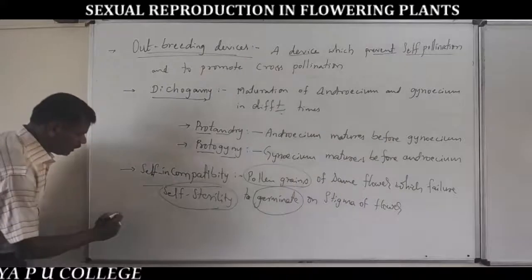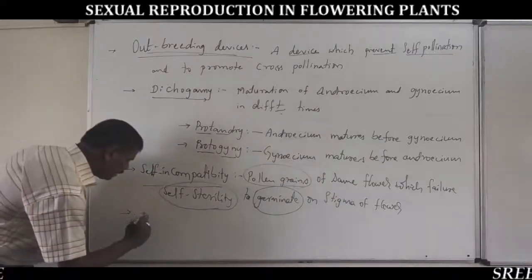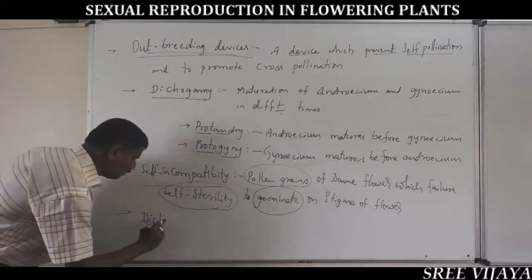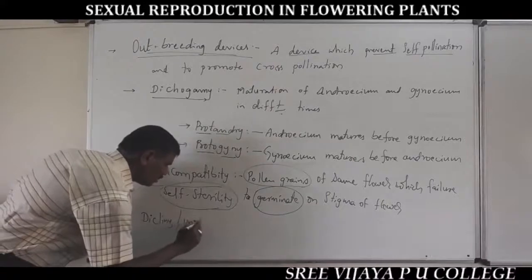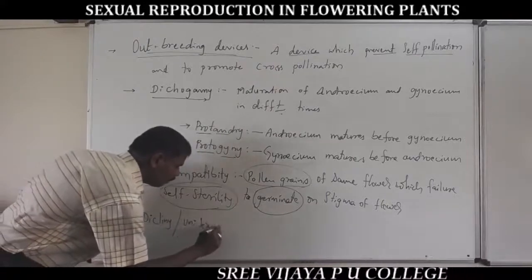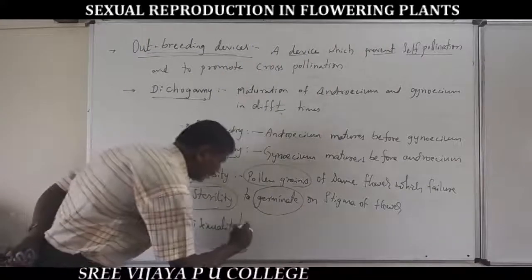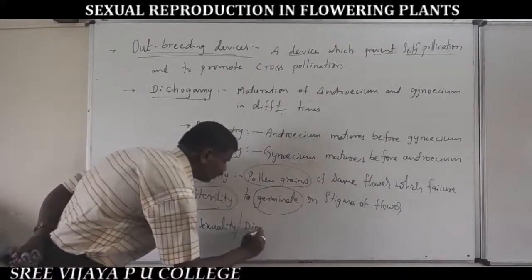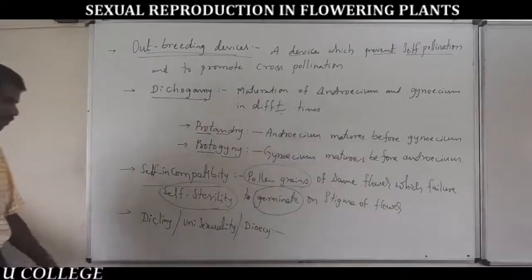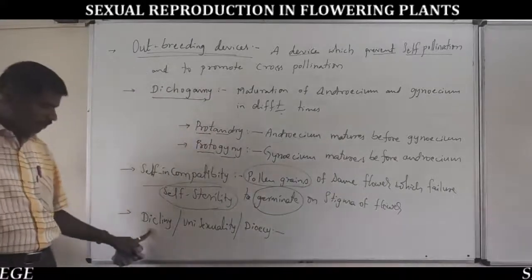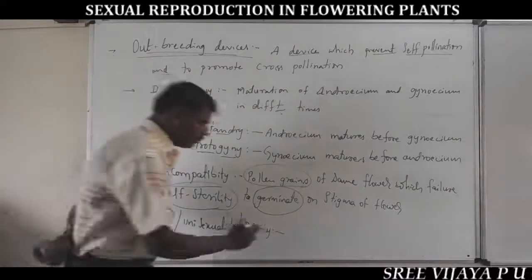The next one is diclinous or unisexual, that is unisexuality, also called diocy.